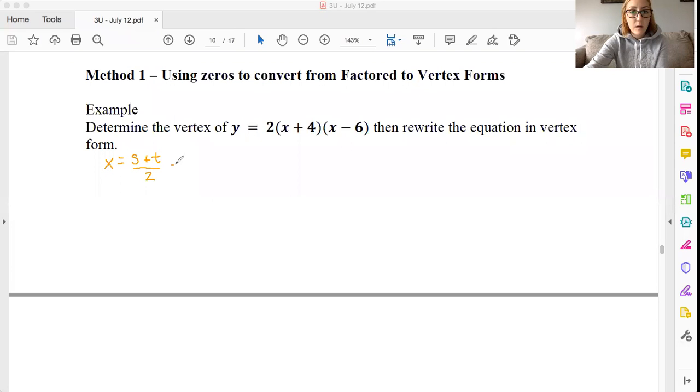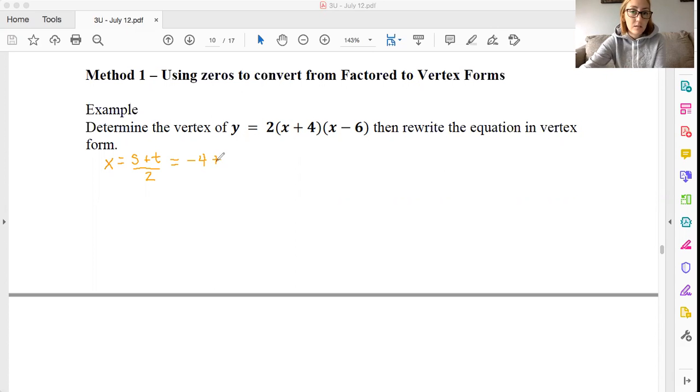Okay, keep in mind that when we're using the s and the t, we're going to use the opposite signs that are in that bracket. So you need to make sure that you're putting the opposite sign, otherwise you're not going to get the right axis of symmetry. So our s is going to be -4 because it's a plus in here.